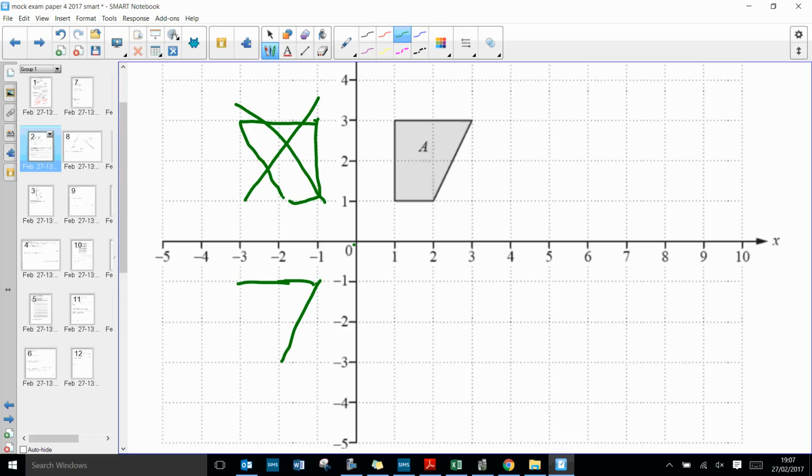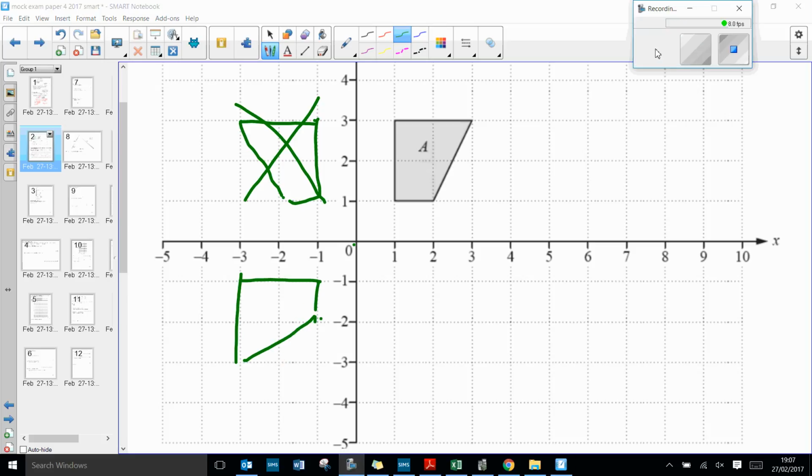Right, apologies. I've actually been able to draw it properly now, actually thinking about it.